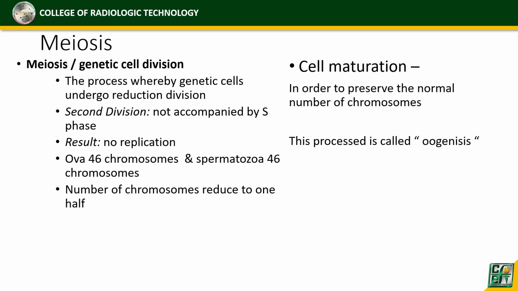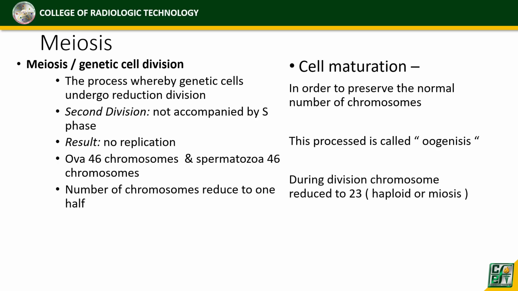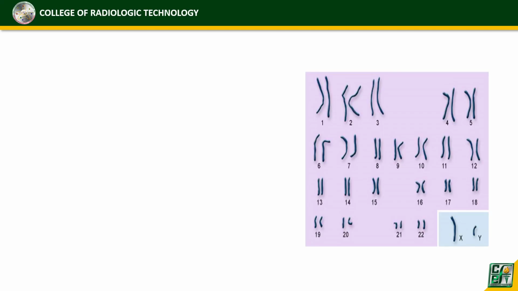Okay. So, ganun na nga yun. Sorry, hindi pala 33. Sobra pala ako, 23 lang. Ayan, during division, chromosomes are reduced to 23 or haploid in meiosis.